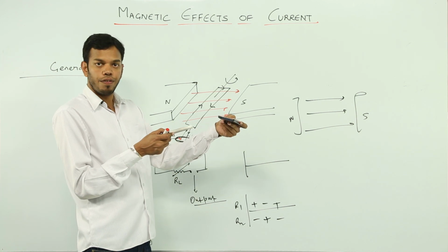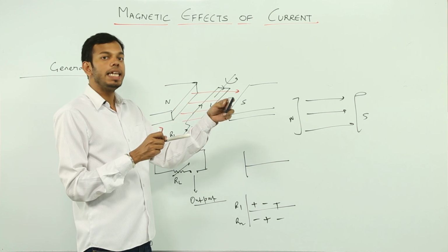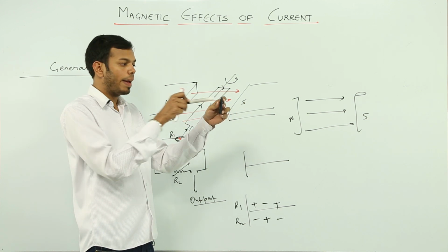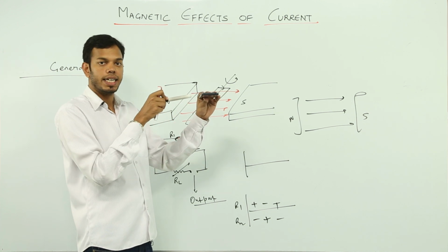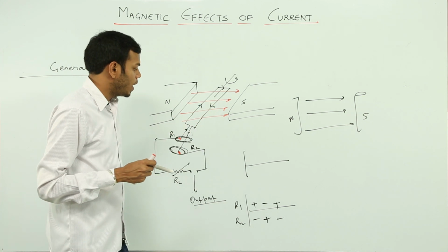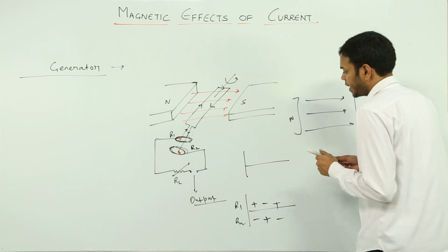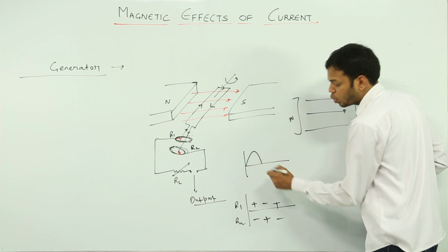This was the initial phase when there is no line passing through it. It will ultimately reach a point where the maximum lines are flowing, and then it will diminish back to zero. That is, the field is again going along, not passing across it. So the current or the voltage will start from zero, reach a peak point and come down to zero.